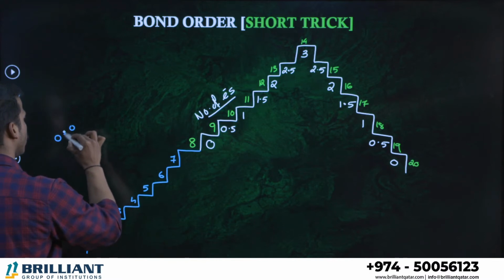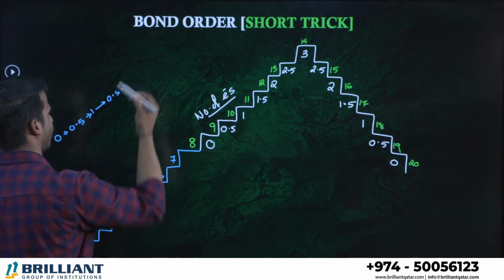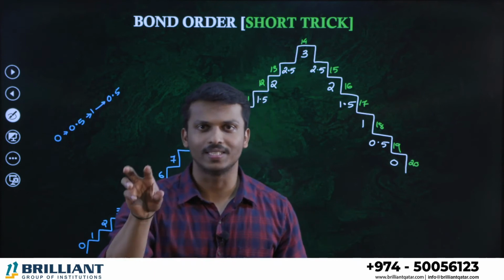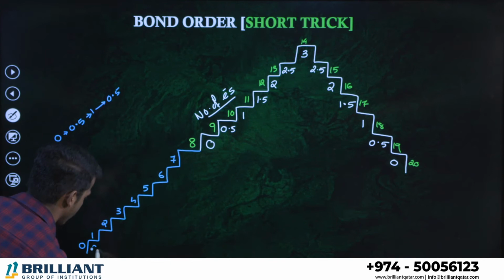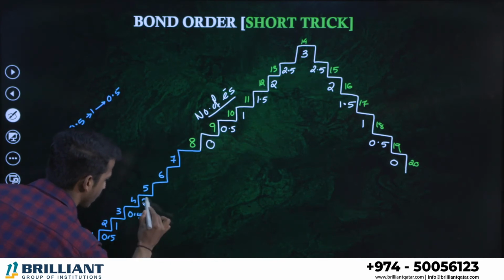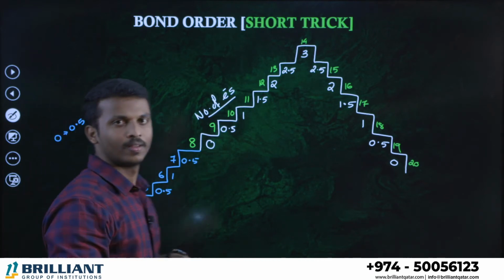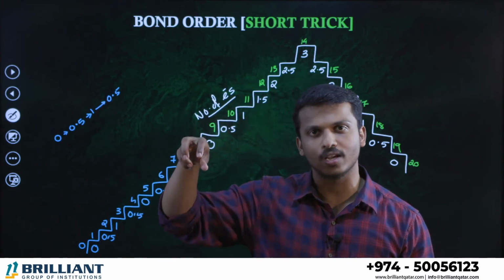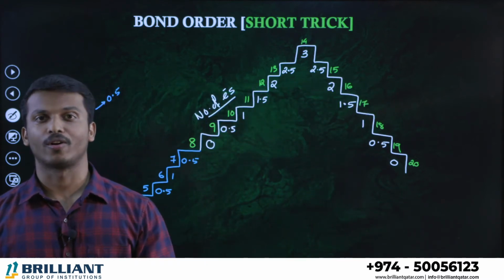The bond order pattern is 0, 0.5, 1, 0.5. Repeat it: 0, 0.5, 1, 0.5. That's one set. Again repeat, 0, 0.5, 1, 0.5. This is the way you can identify the bond order of a compound.